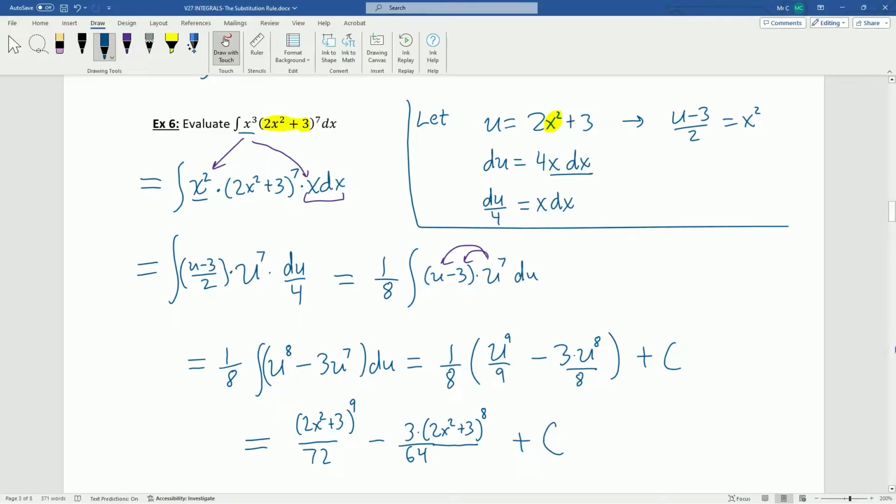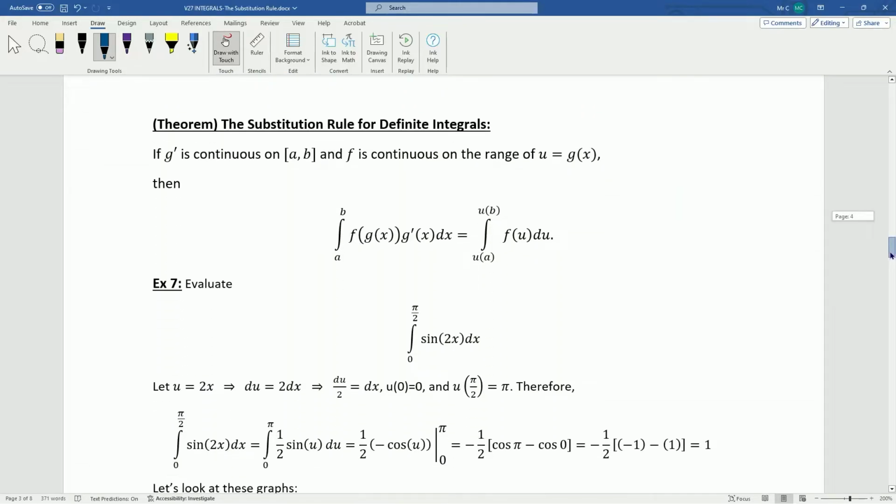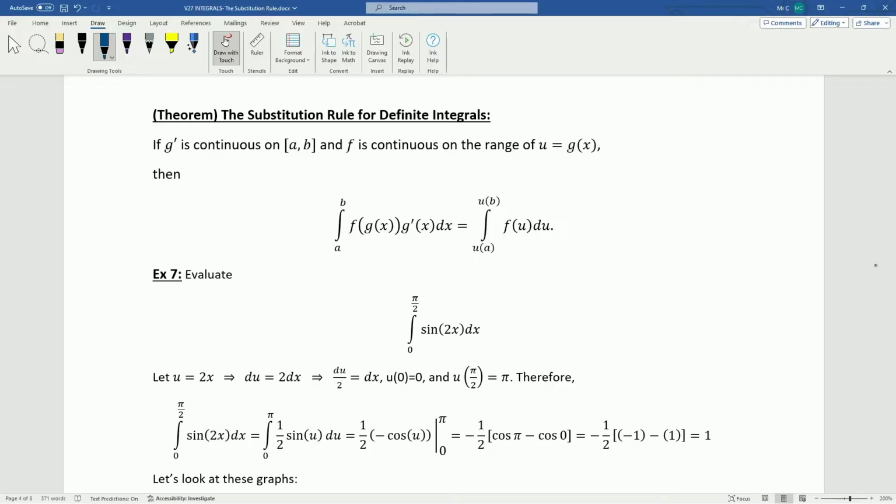Okay, that's it for that example. Moving on. So now we've got to talk about the substitution rule for definite integrals. If g prime is continuous on the interval from a to b, and f is continuous on the range, the outputs that you get for g, then the integral from a to b of f of g of x times g prime of x dx equals the integral from u of a to u of b of f of u du.